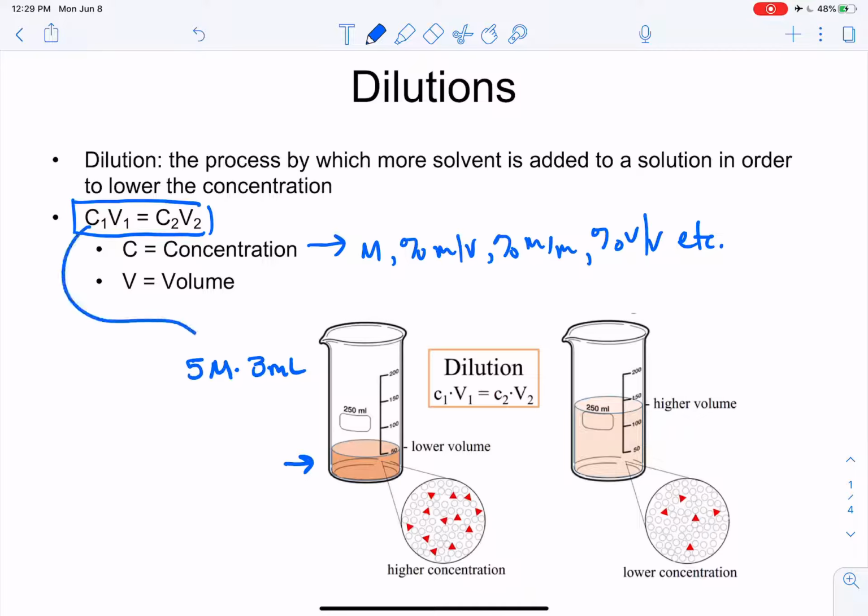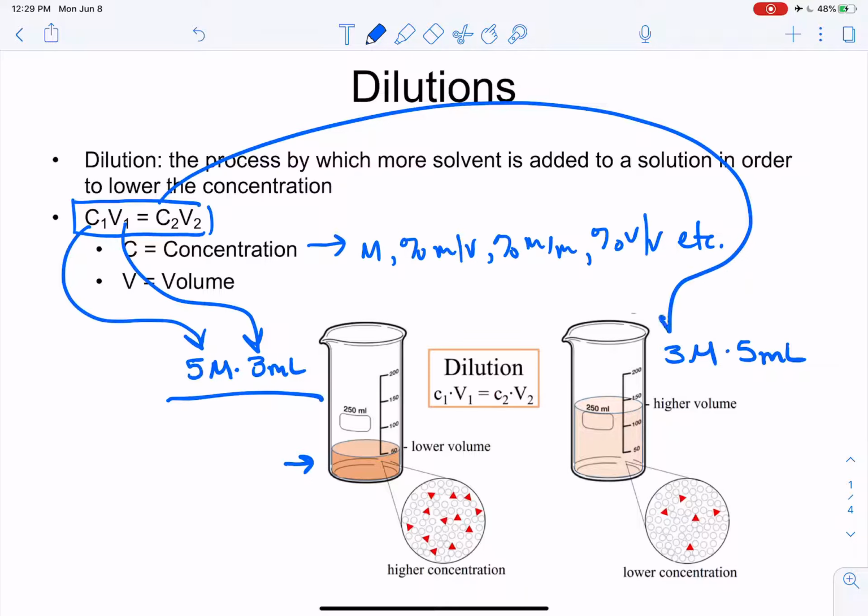So if we have C1 is 5 molar and V1 is 3 milliliters, say we want to dilute this to 3 molar, then that side of the equation is going to need to equal this side of the equation. So it should be pretty obvious to you guys that we're going to have 5 milliliters there for V2. So that is C2 and that is V2.